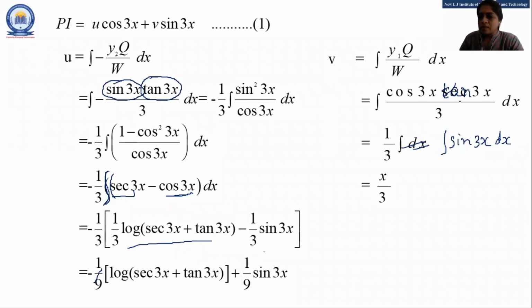Tan is sin upon cos, so cos will cancel. This is just sin 3x dx, and the integration of sin 3x is minus cos 3x upon 3, and 3 into 3 is 9. So my final answer for v is minus cos 3x upon 9.